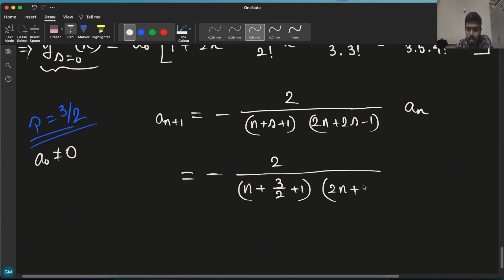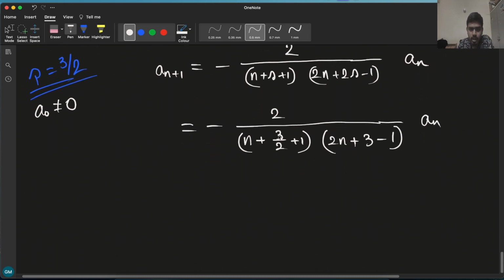So 2 times 3 by 2 is 3 minus 1 an. Okay, now 3 by 2 plus 1, which is 5 by 2, right? And n plus 5 by 2, I can write it as 2n plus 5 divided by 2.